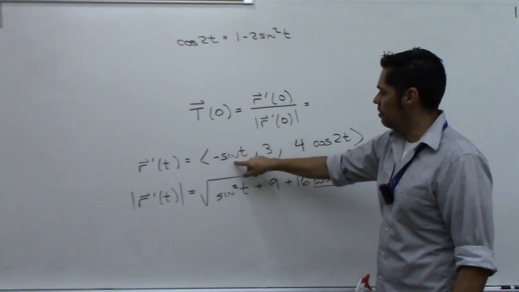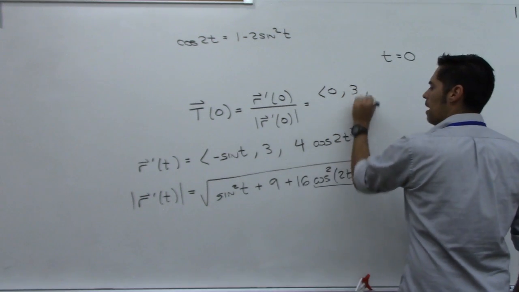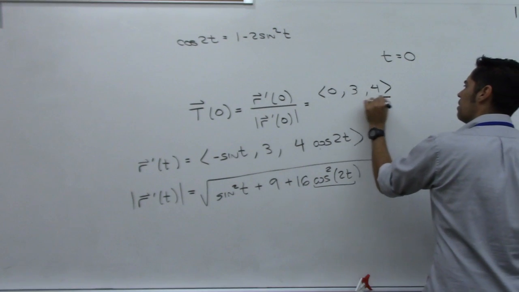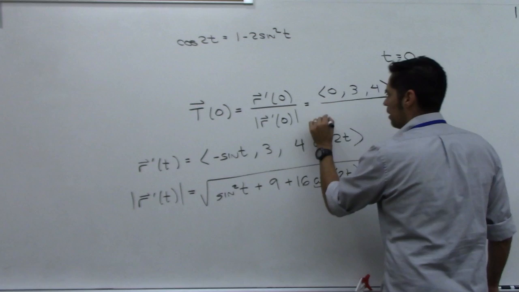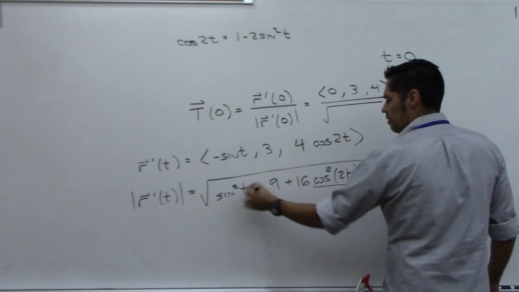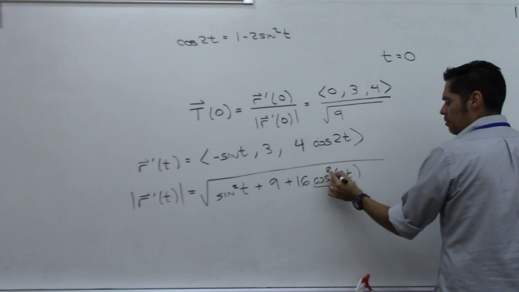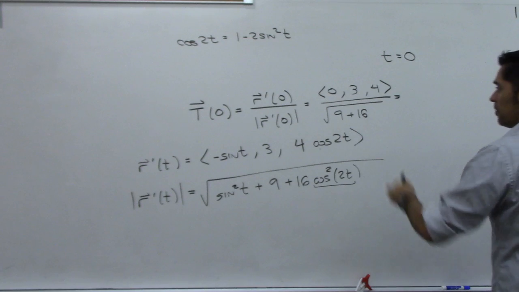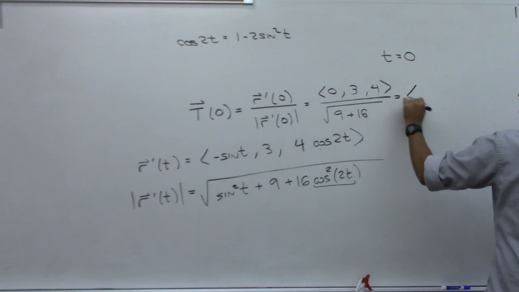Sine of 0 is 0, so I get the vector 0, 3, and then cosine of 0 is 1, so I get 4. I'm going to divide that by its own length, which here is the square root of 0 plus 9, and then cosine of 0 is 1, squared is 1, times 16, so 9 plus 16. That's root 25 on the bottom, which is 5. So I'm going to divide each of these by 5.